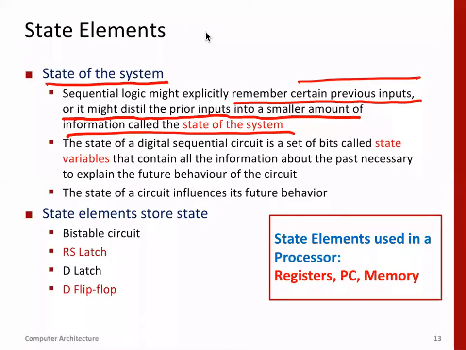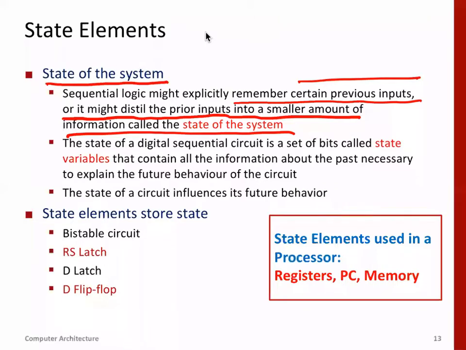Whatever previous input it has received and done an operation on, based on that there is some information available that you are going to use further, or part of that information you are going to use further, and that's called the state of the system.